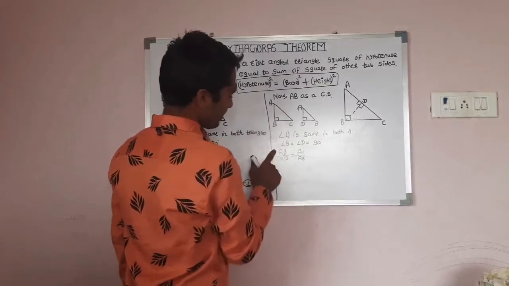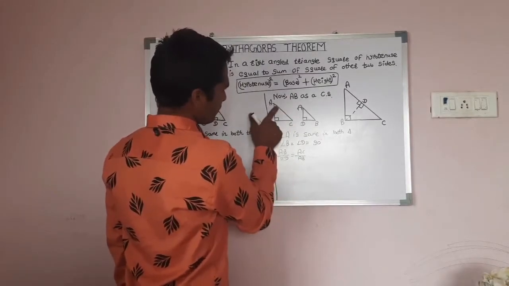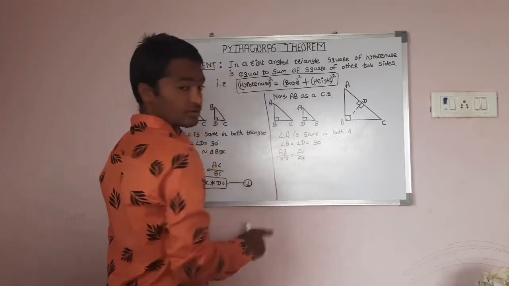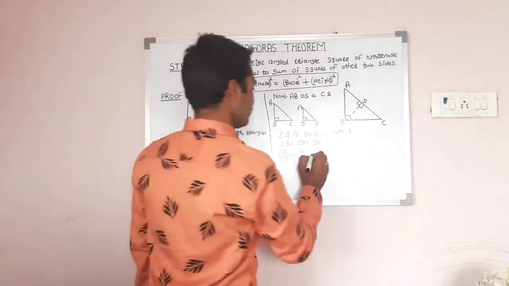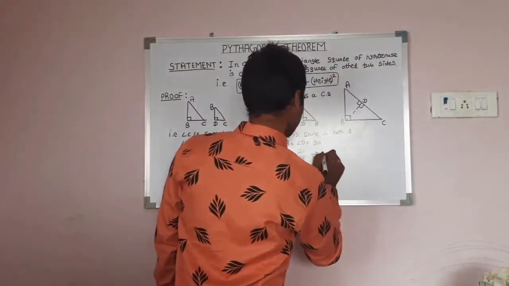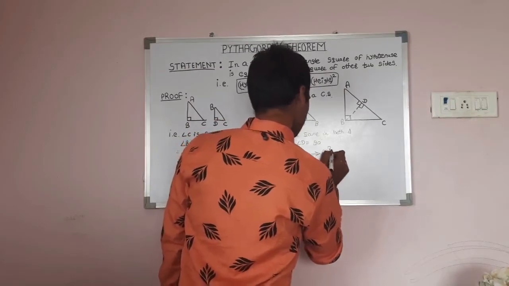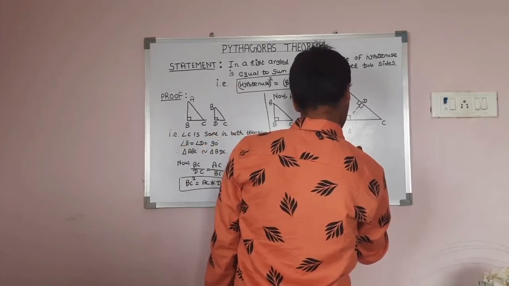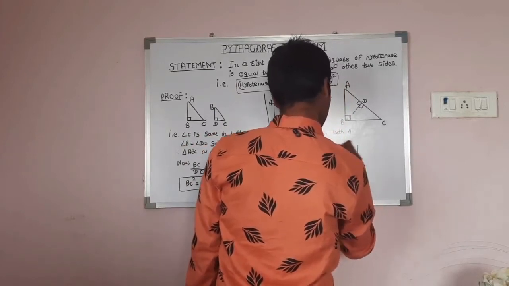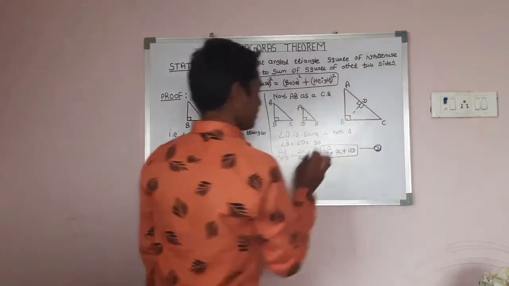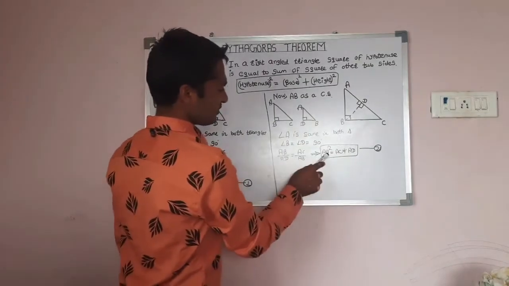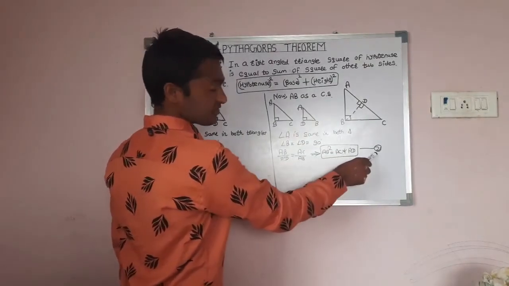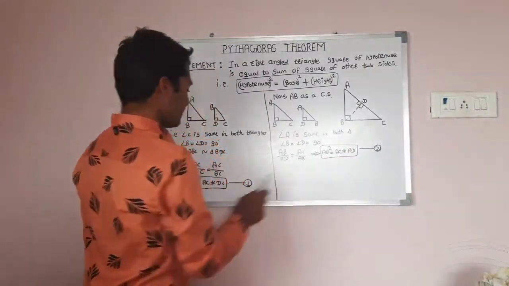Now, after cross multiplication, we will get AB square is equals to AC into AD. This is our equation number 2 and this is our equation 1.